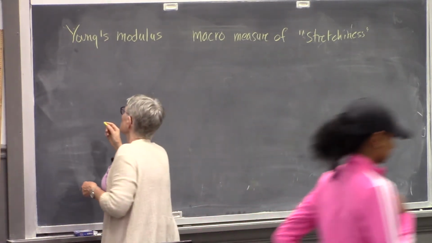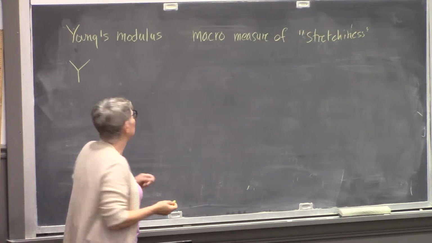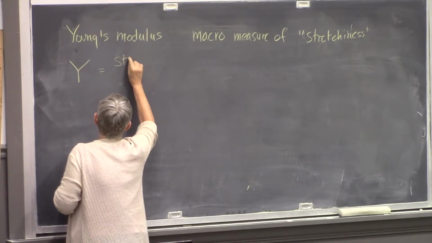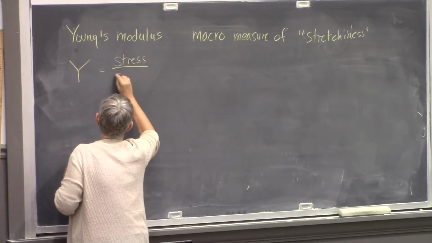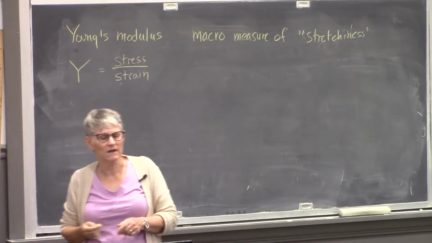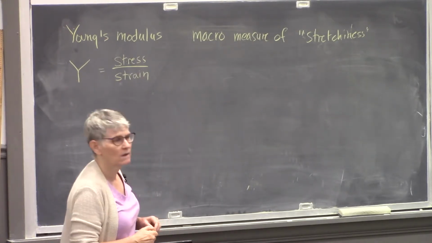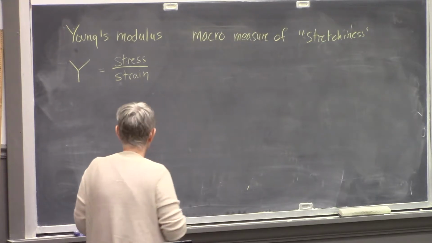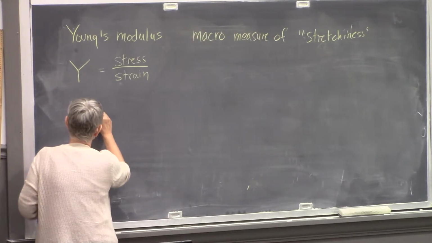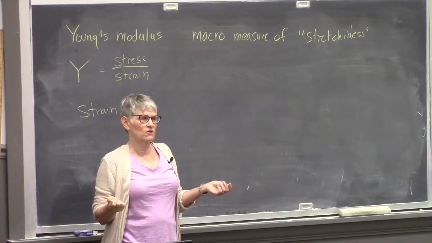And it has the symbol Y, and it's defined as the ratio of what is called stress to what is called strain. So what are stress and strain? Well, strain is basically fractional stretch.